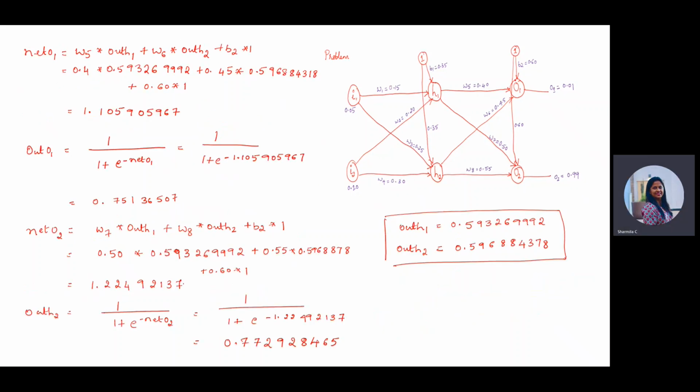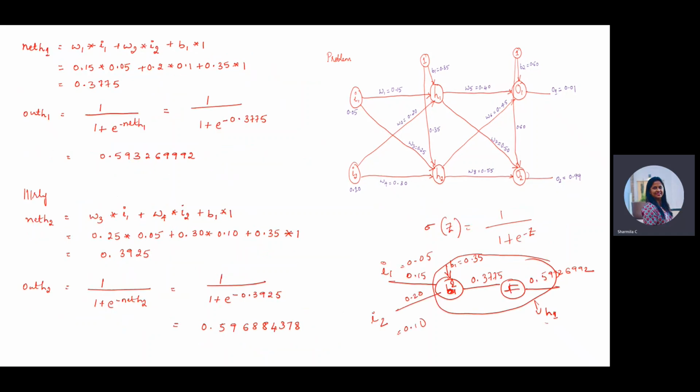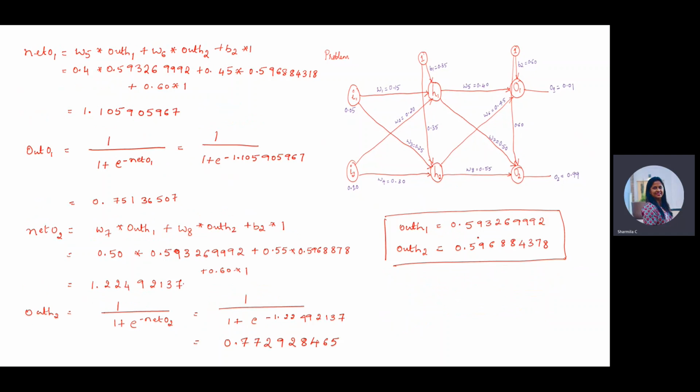Now we'll consider the output node or neuron. So net O1 equals W5 into the output obtained from H1. Out H1 is 0.5932699, which was calculated previously. This is taken as an input, that is the X value, into the weight, then plus 0.5 into the same kind of value for X2, which is 0.5988438, plus the bias value 0.60.